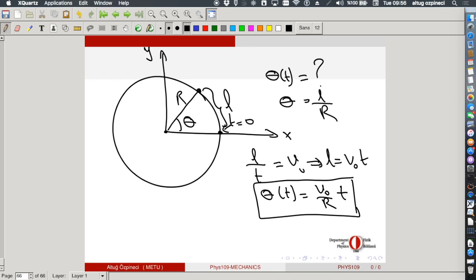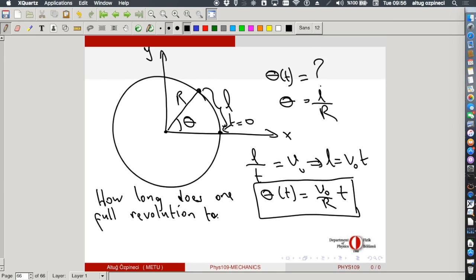How did you get that? Okay, so how long does one full revolution take?